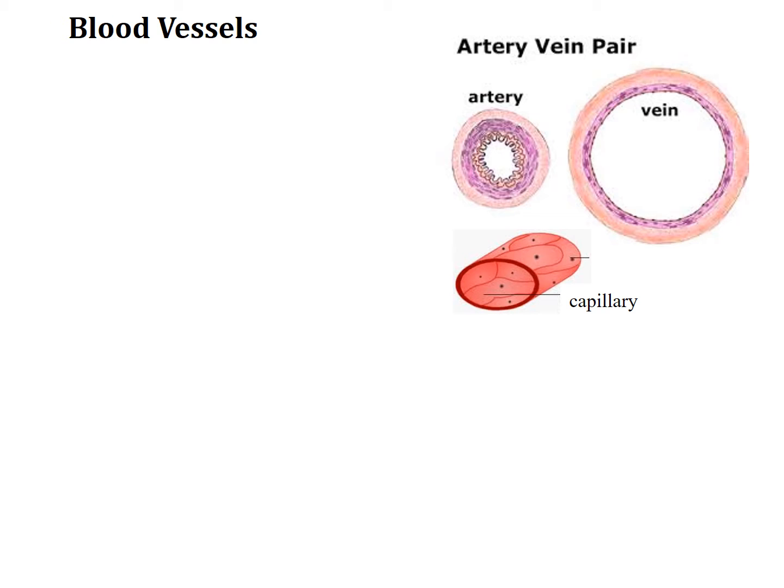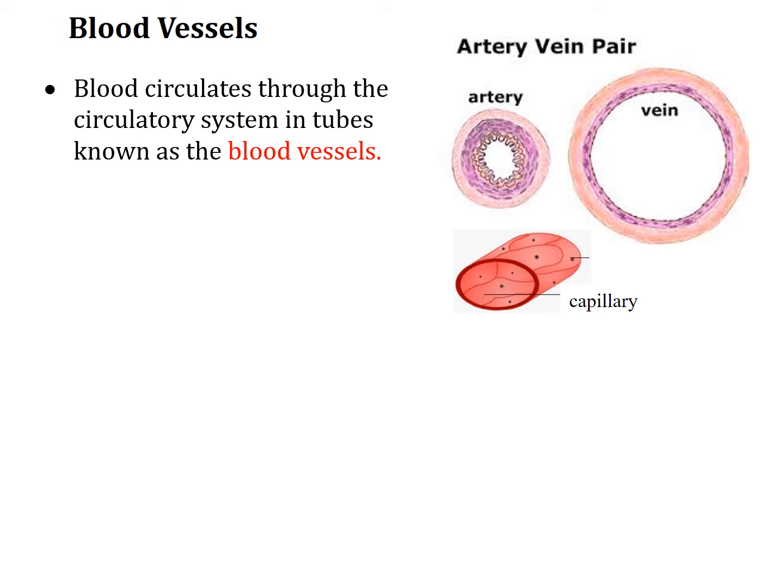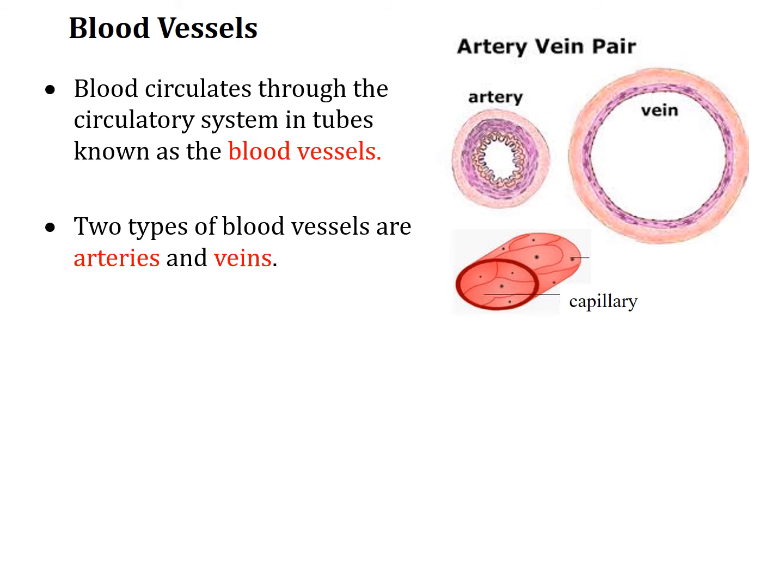Now let's take a look at the third component of the circulatory system, which is the blood vessels. Now we have 3 kinds of blood vessels. We have the arteries, veins, and now I need you to add another one, which is the capillary. Capillaries. Now what do the blood vessels do? They help to transport the blood throughout the body. So over here we have the artery, the vein, and the capillary.